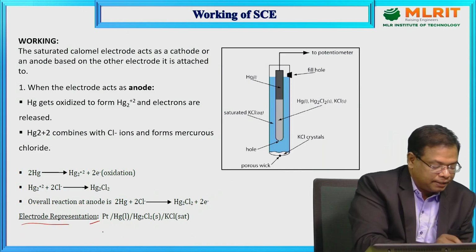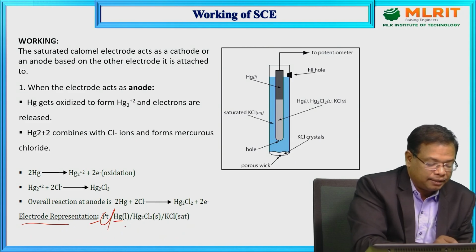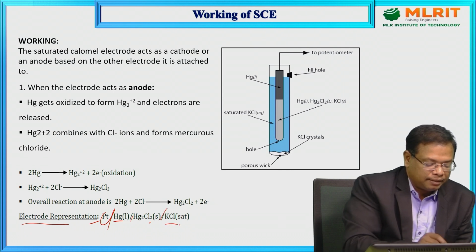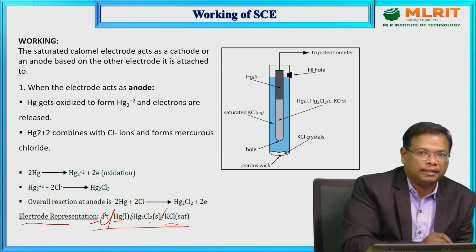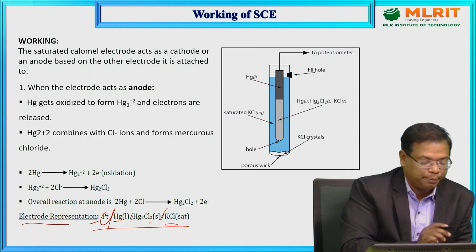Electrode representation is Pt | Hg | Hg2Cl2 | KCl. This is the saturated calomel electrode representation.